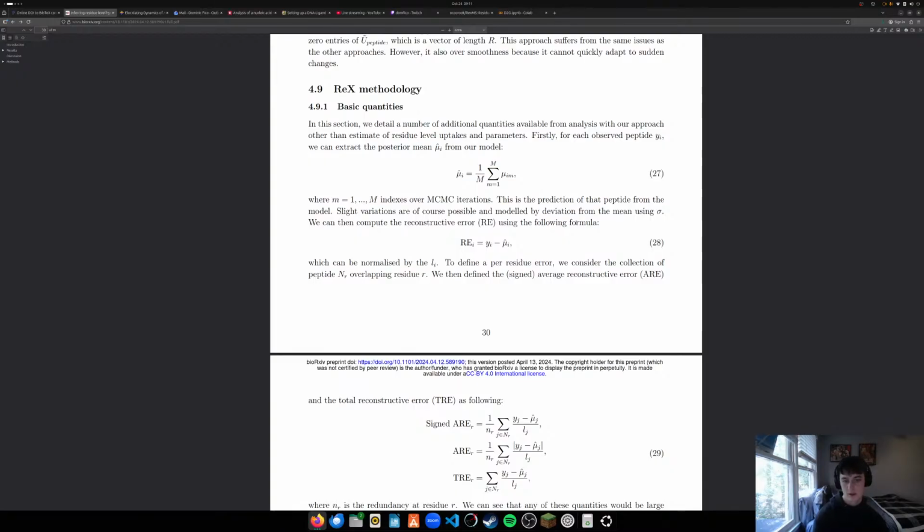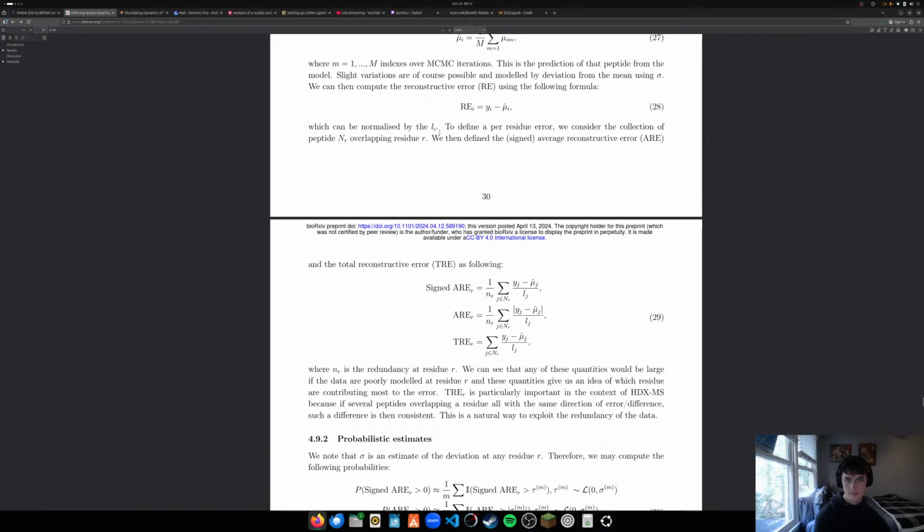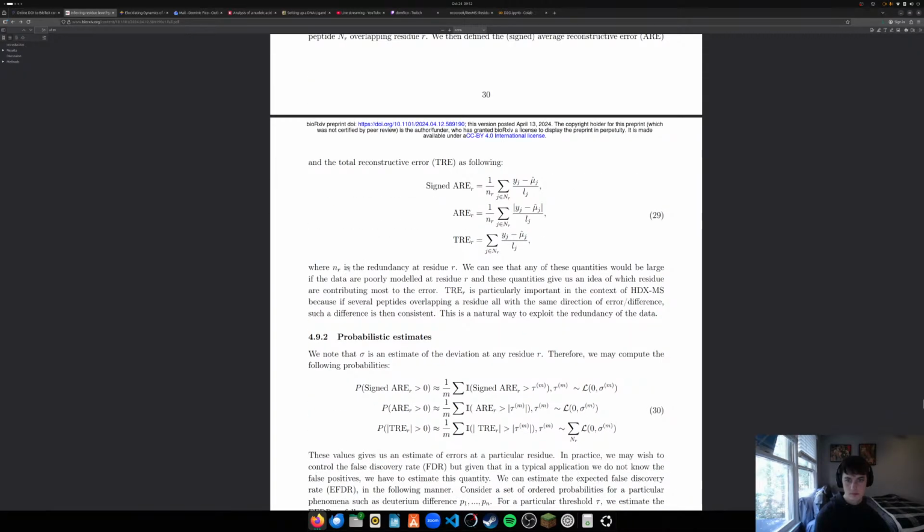Okay. 1 over n sum, should be normalized by L. This is assigned TRE. Would be larger if the data are poorly modeled at the residue.